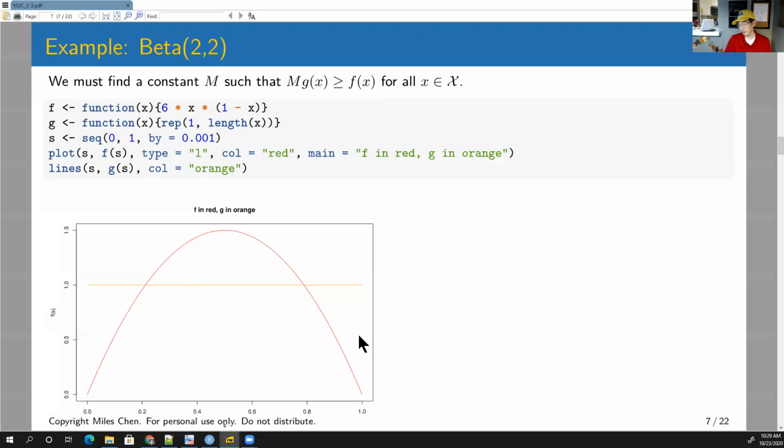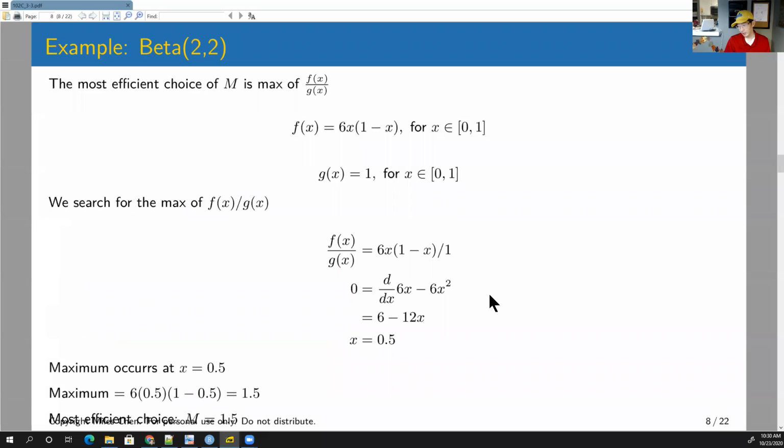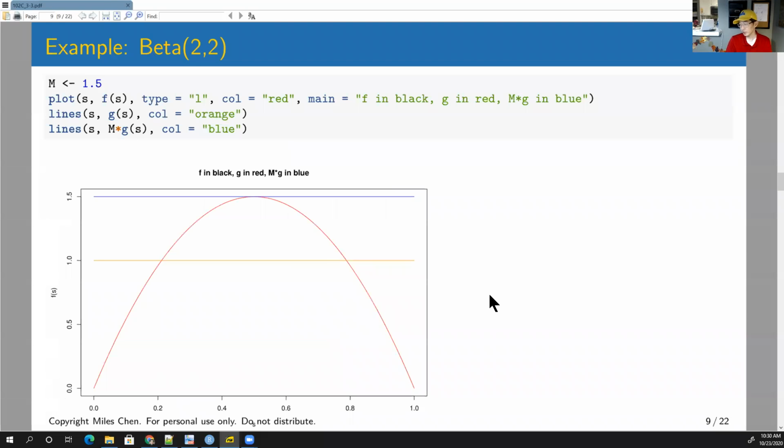Right? So, just visually, we can see that we need to multiply 1.0 times 1.5 for it to be bigger than this. And when I go through the calculus, we also get 1.5 here. All right, and so if I multiply g times 1.5, f is in red, g is in orange, and m times g is in blue.